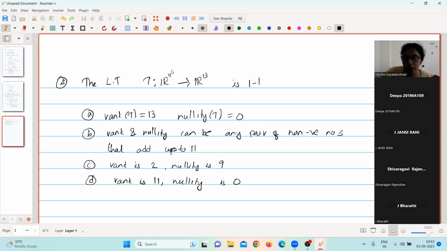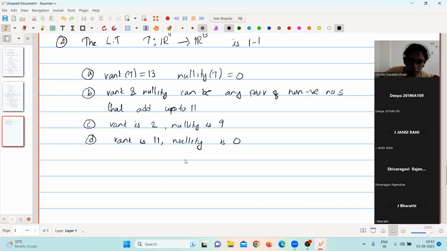Like T is from V to U. If T is from V to U, then rank T plus nullity of T equal to dimension of V. Okay.